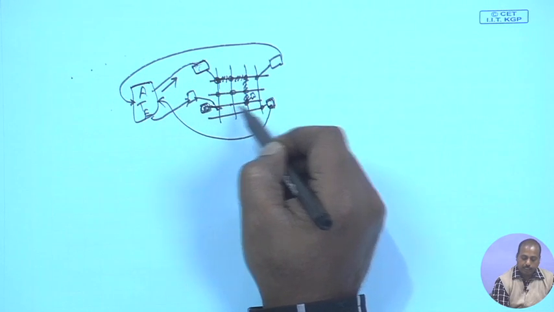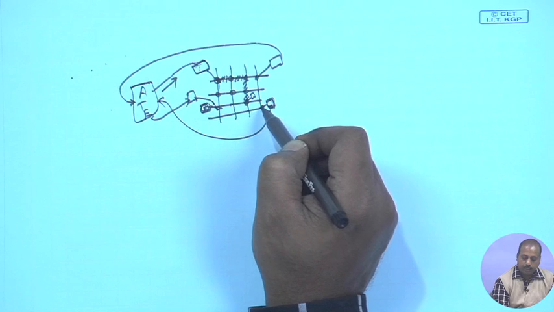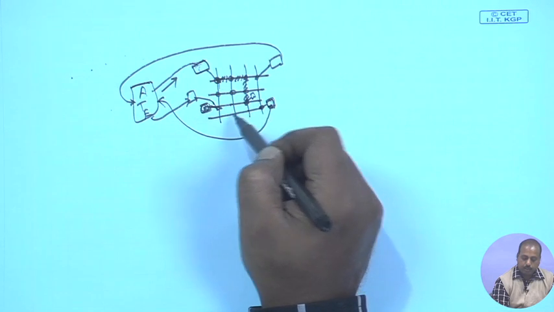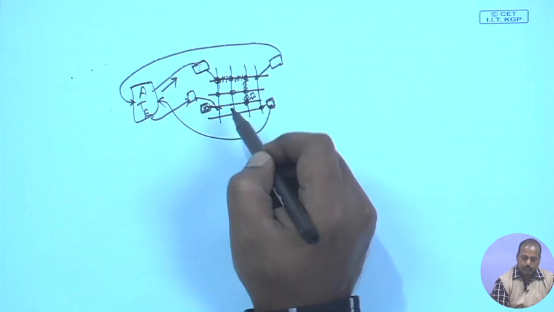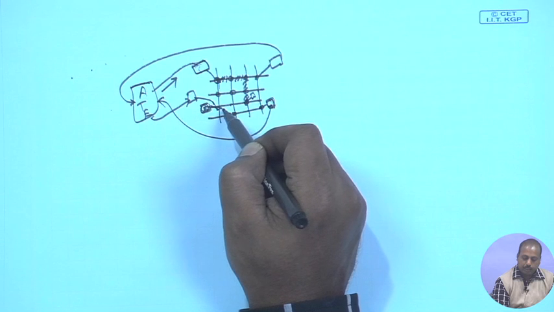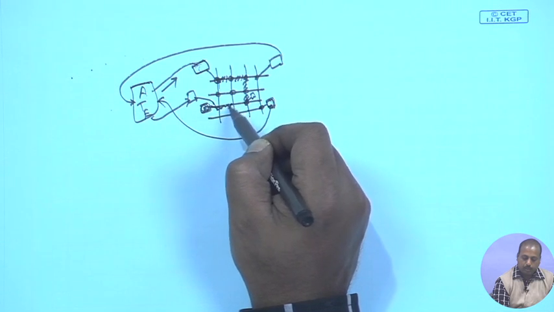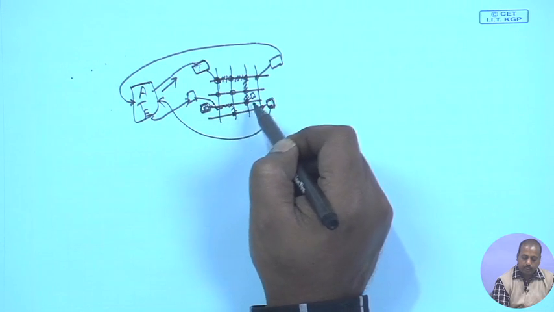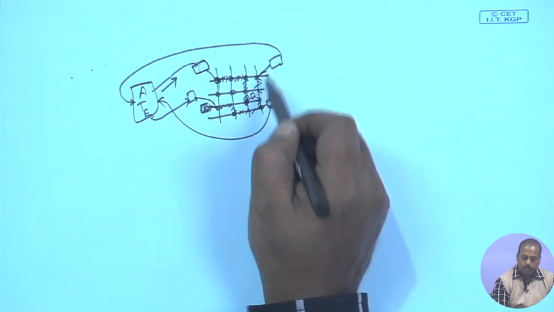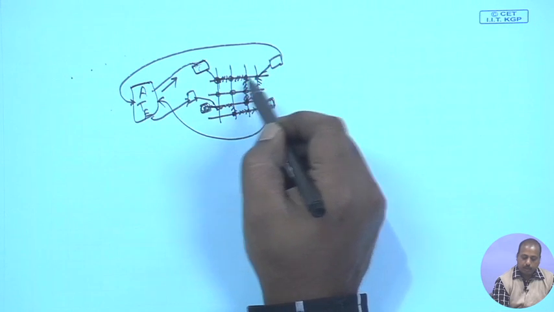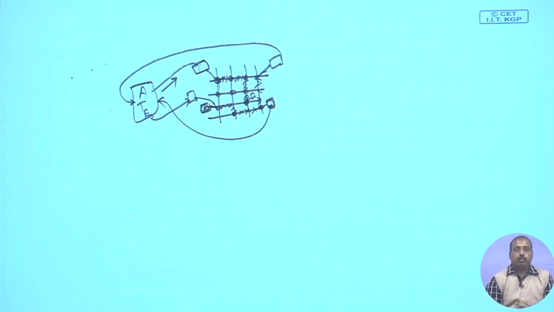Now, if another test is testing, say, this core, it is possible, because the test patterns can go like this through this channel, reach here, and the response can be sent like this to this channel. That way these paths are non overlapping. So, for the two channels, the paths for transferring the test pattern and response are non overlapping in nature.